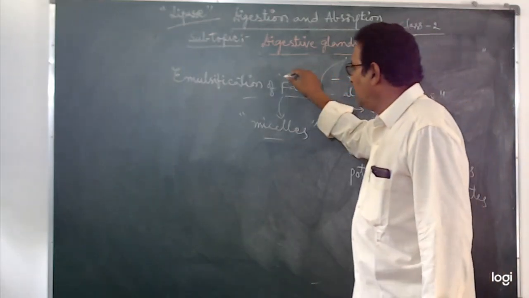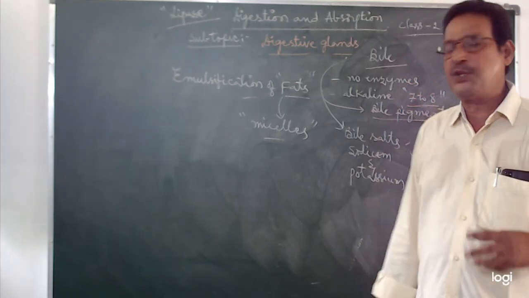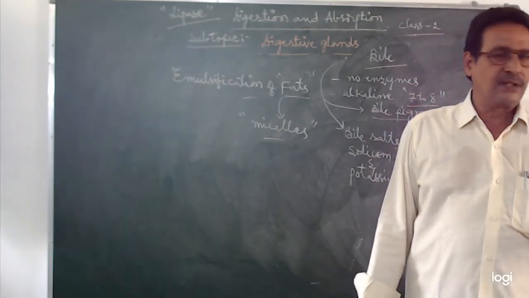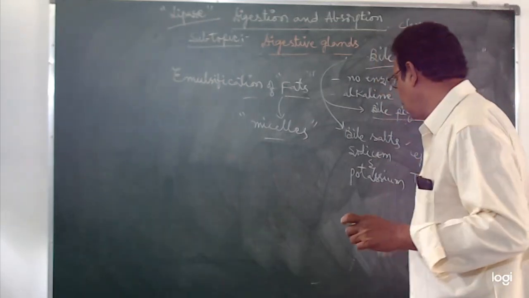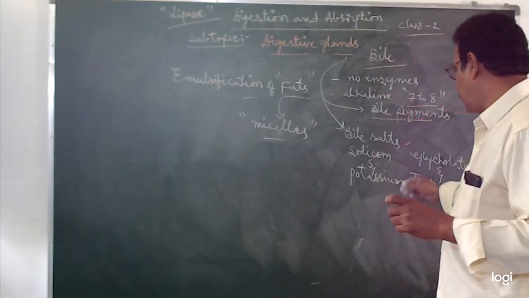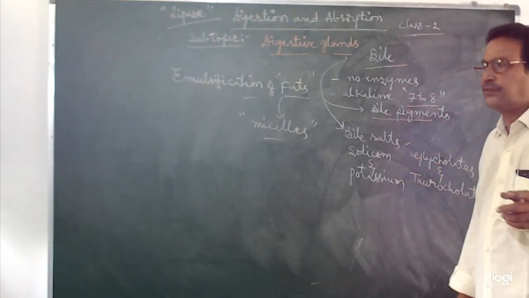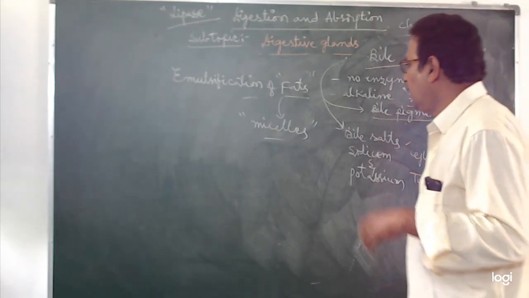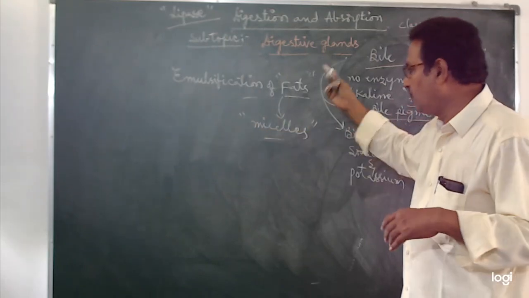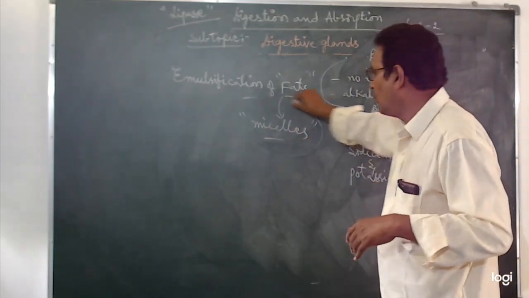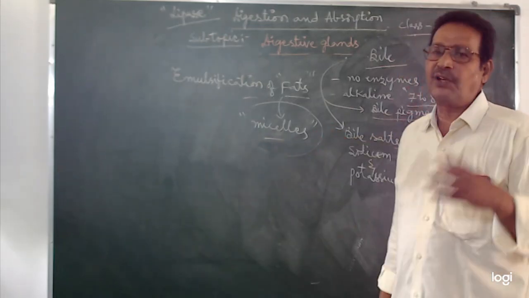So in the process of digestion, particularly lipid digestion, the emulsification of fats is a very important process. For that process, these bile salts, sodium and potassium glycolates and taurocholates, will help. Larger molecules of fats are converted into smaller globules, called micelles.